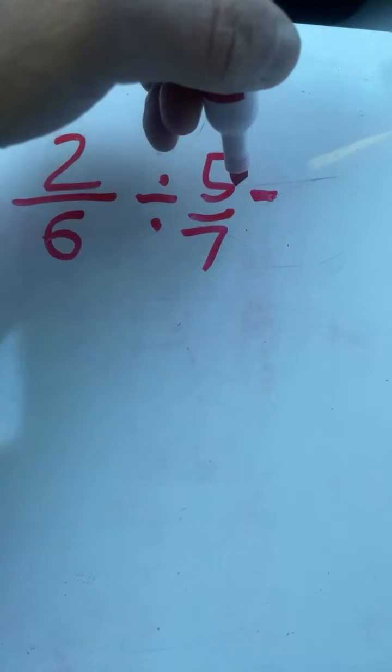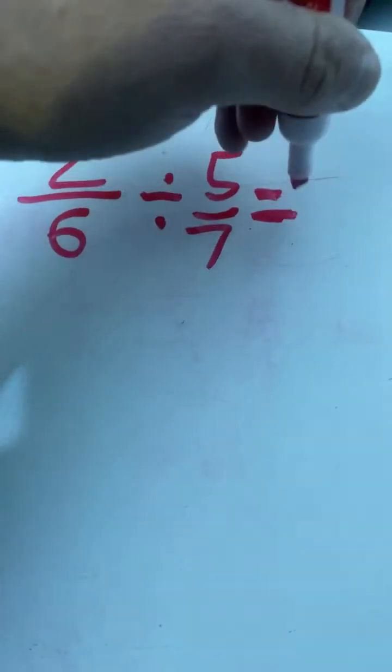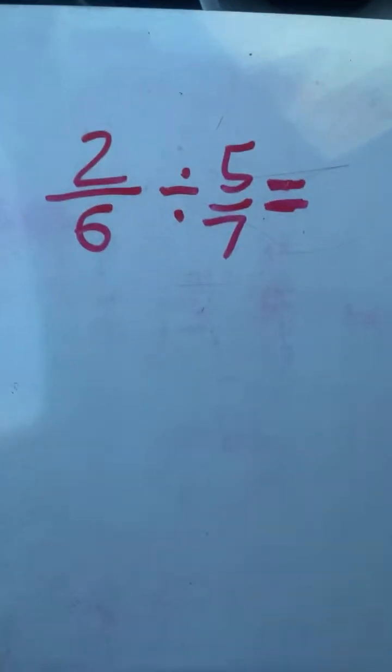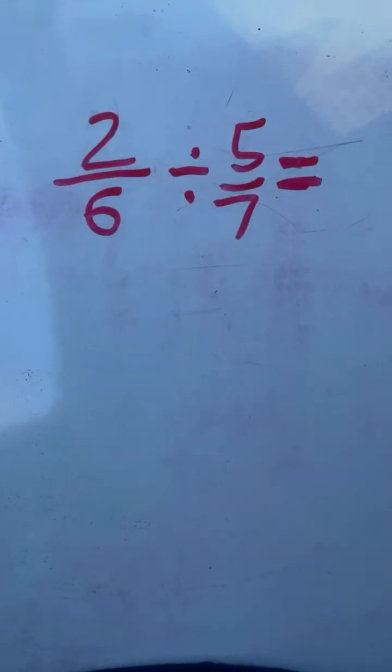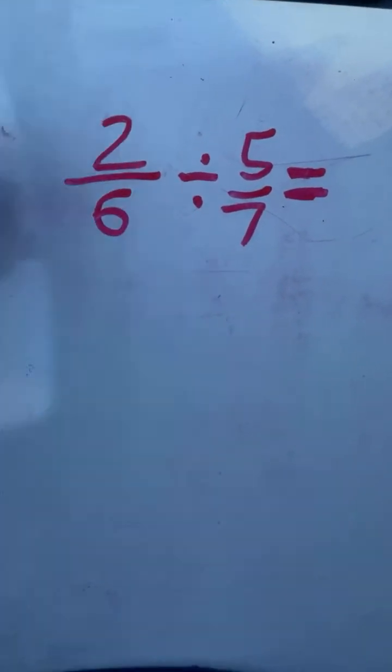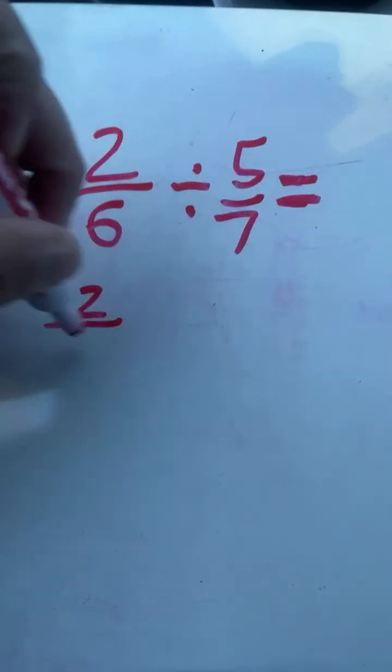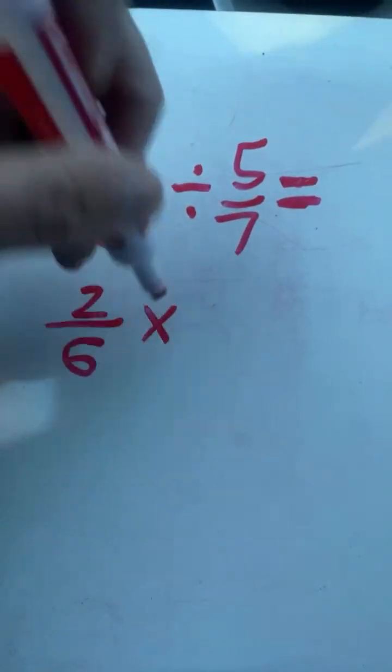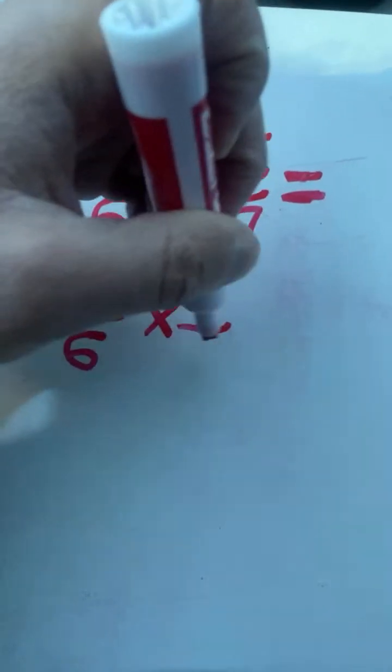Two 6ths divided by 5/7. Let's see if the person in the chat is correct about the answer being 14/15. So we're keeping the first fraction the same, we're changing the sign, and we're flipping the second fraction.